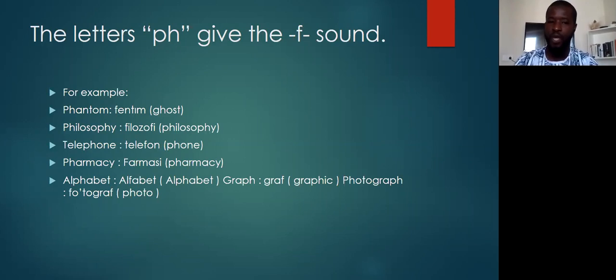Phantom, philosophy, telephone, pharmacy. And while talking about the alphabets, you have graph, photograph, this kind of thing. They are the letters P and H, but you pronounce it like F. The sound comes like F, okay?